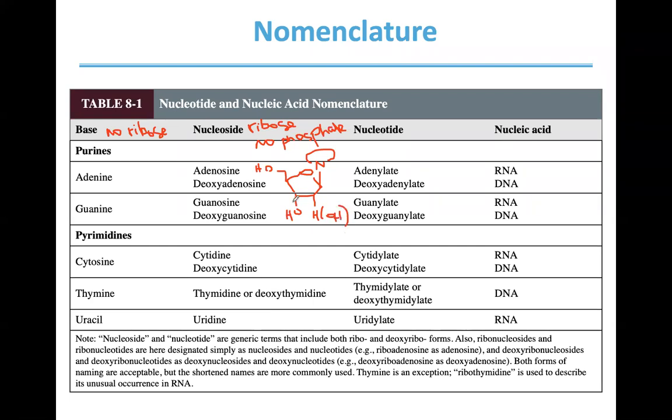And so for adenine, there are 2 kinds of nucleosides. There's adenosine and deoxyadenosine. Adenosine will be the one with the hydroxy group, and deoxyadenosine is the one without the hydroxy group. So this position 2 prime, 3 prime, 4 prime, 5 prime, 1 prime.